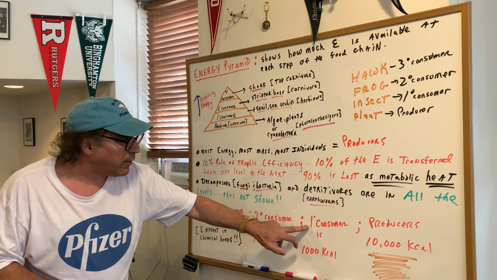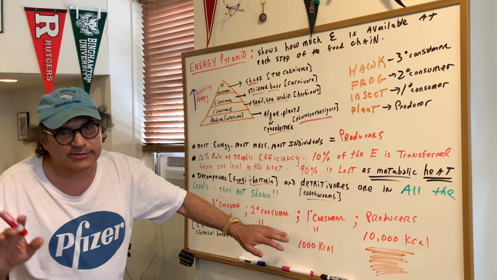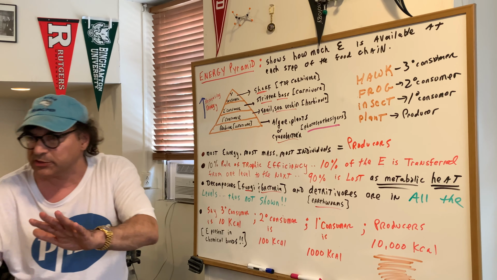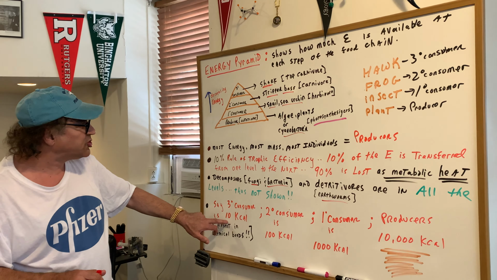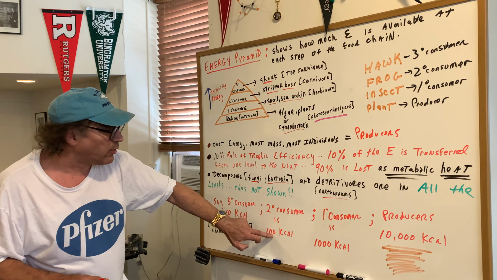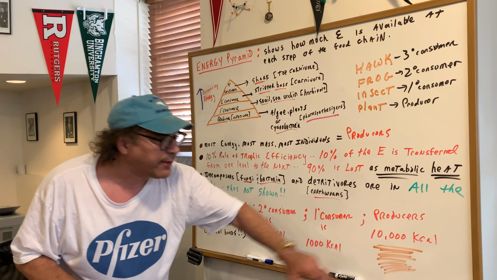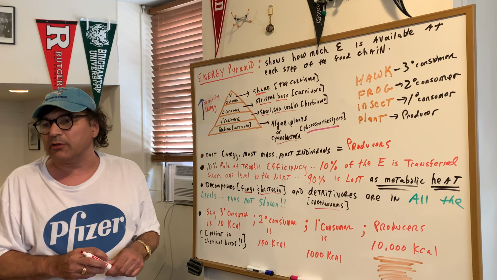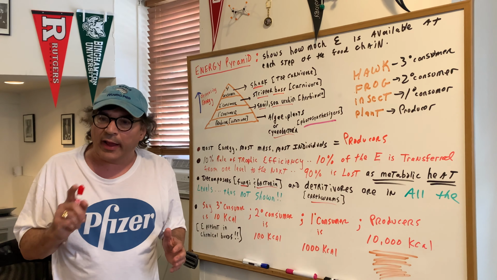The primary would be at 1,000. I might have accidentally set it in reverse before. If I did, when you're going down, you're increasing by 10. So one more time. You start at 10, then you're going down to be 100, and then you're going down to be 1,000. And if I said how much would be at the producer level, what would you tell me? 10,000. That's always assuming a what?